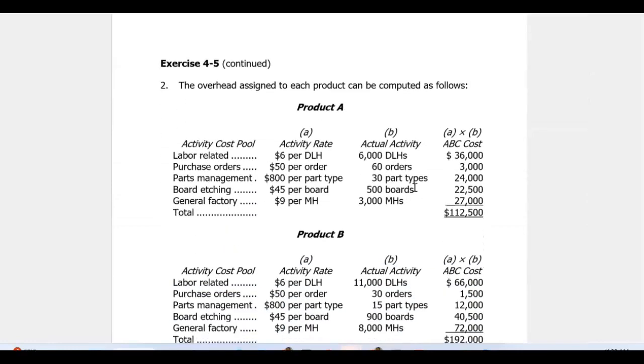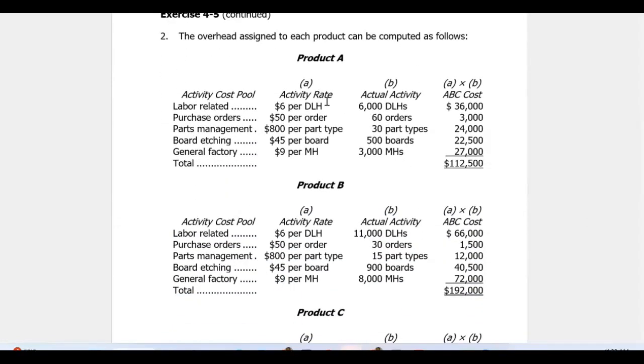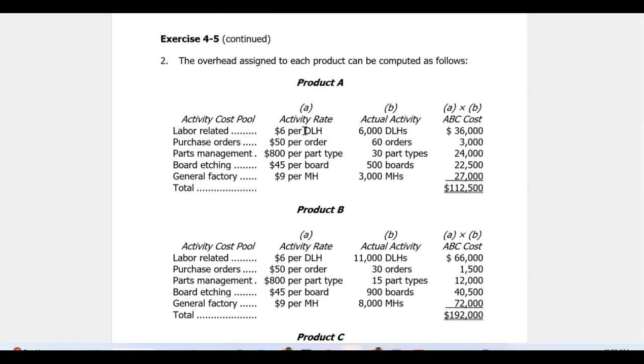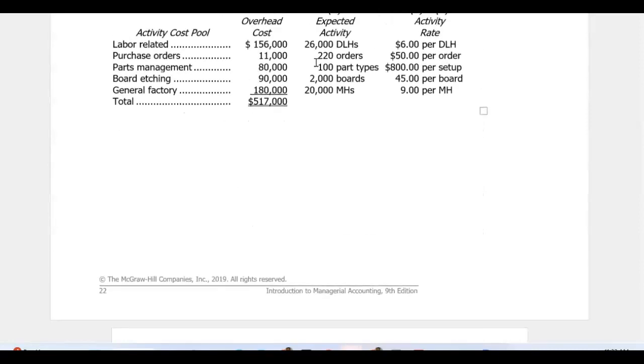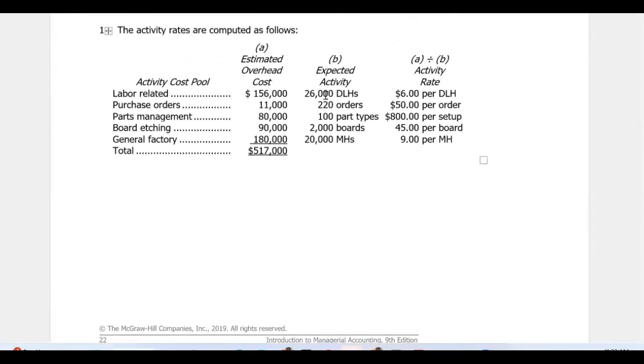But when you come to the calculation, you use the predetermined rate times actual activity, and actual activity is given. So don't make the mistake of taking the numbers from the estimates. Expected activity you use just one time, to calculate the rate.